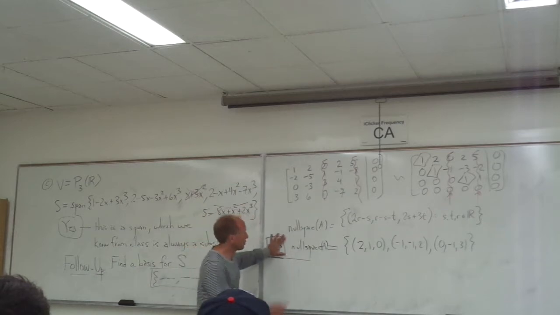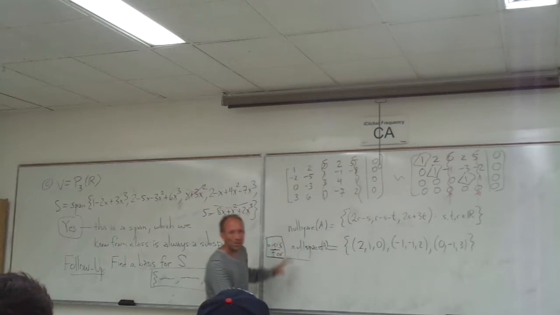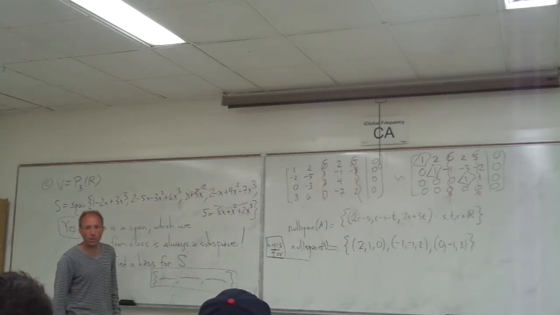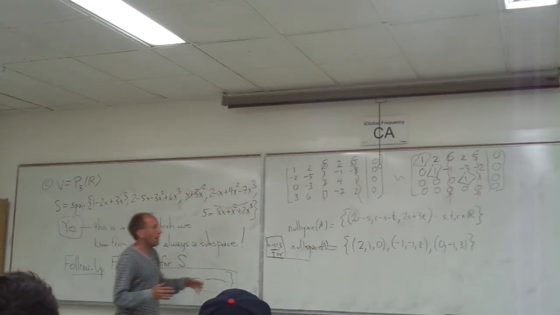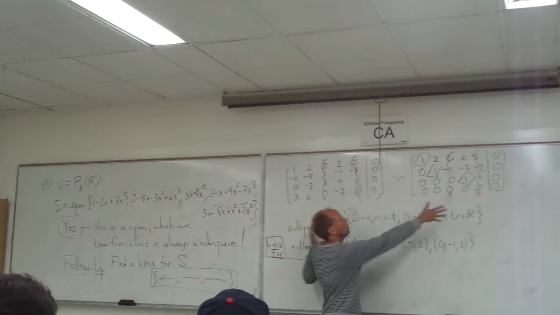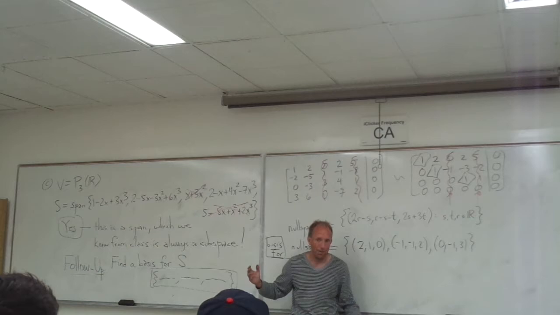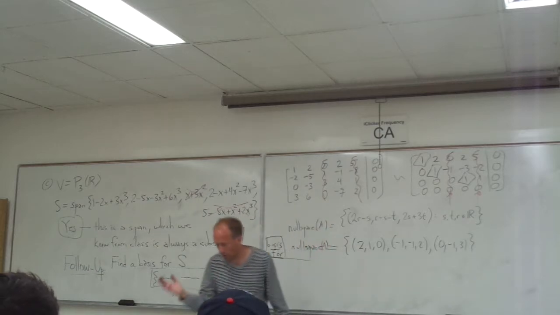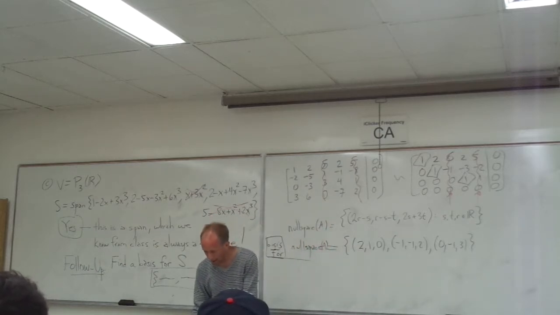They were just writing null space equals this, when really it doesn't equal that. So there's a difference between a set of vectors that's a basis for something versus the whole space of vectors that you're talking about. It's just good to make sure that you're communicating that in the right way.